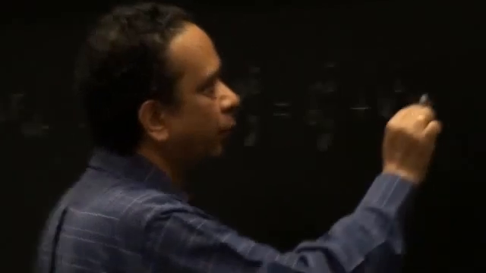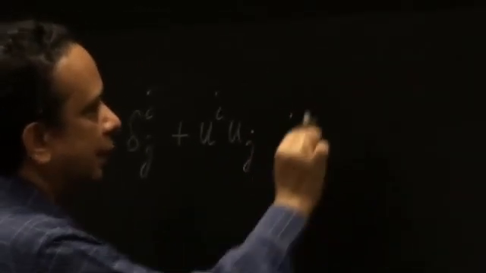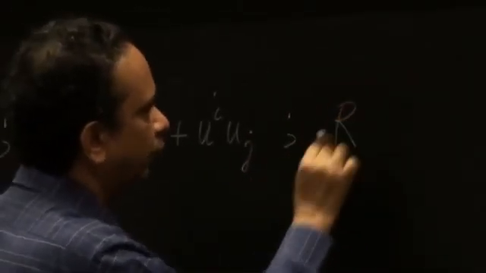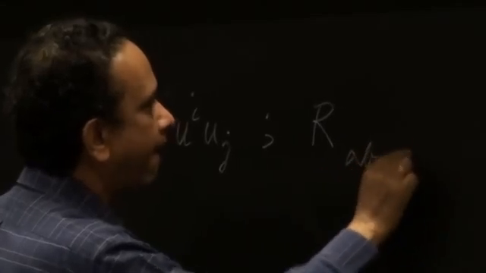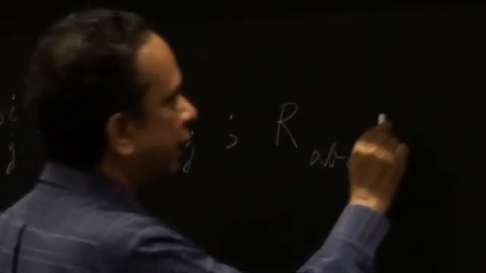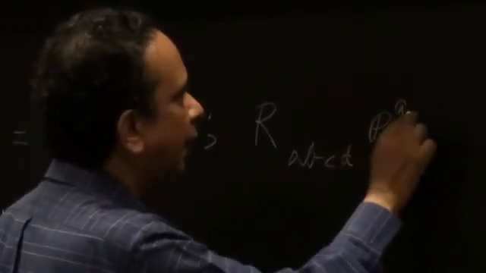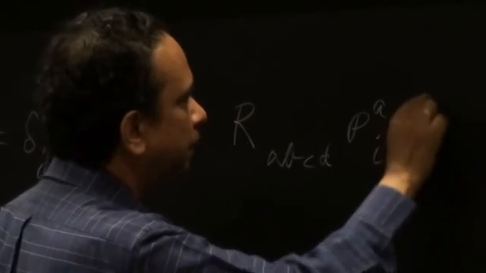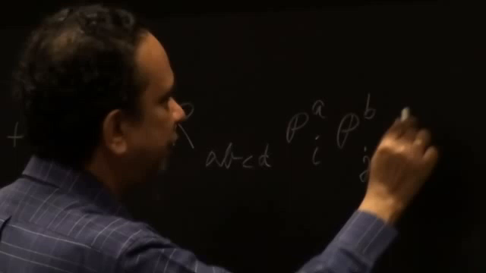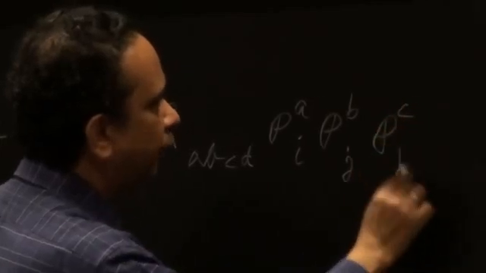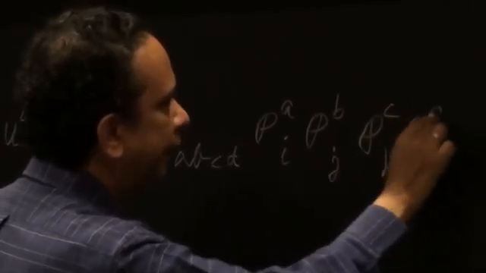In particular, you can take the Riemann-Christoffel tensor, let us say R_ABCD, and project each of its indices orthogonal to this. So I can do P_AI, P_BJ, P_CK, and P_DL.